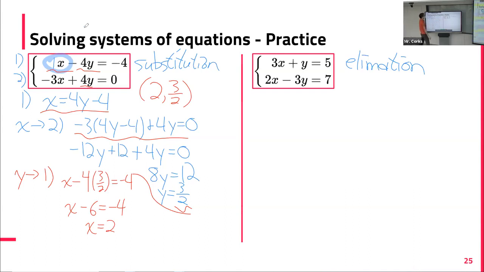Okay. The one on the right, our elimination question. Let me write our labels here. Equation 1, equation 2. Which variable would you eliminate? Why? Okay, so the y's. Why that one?